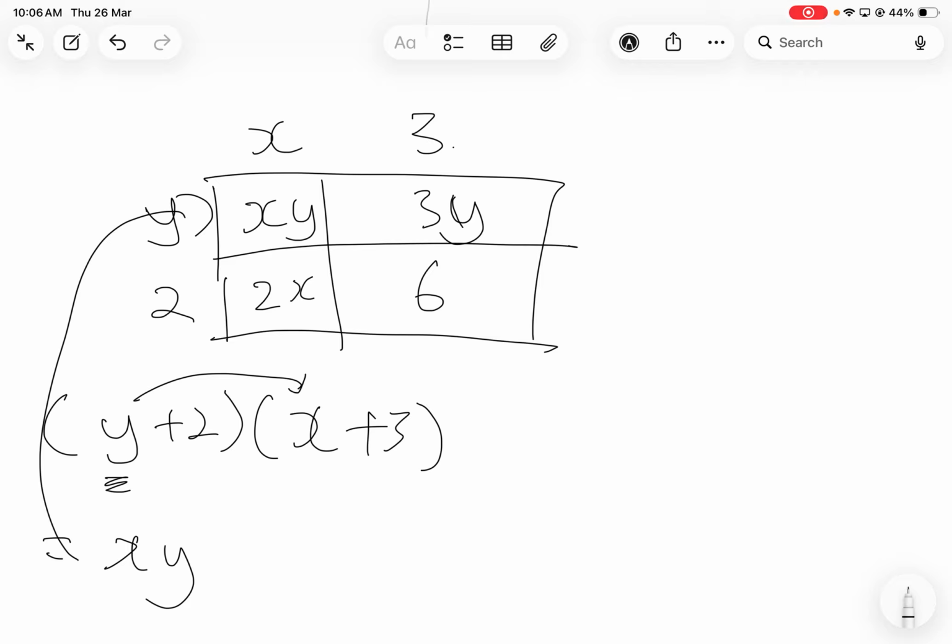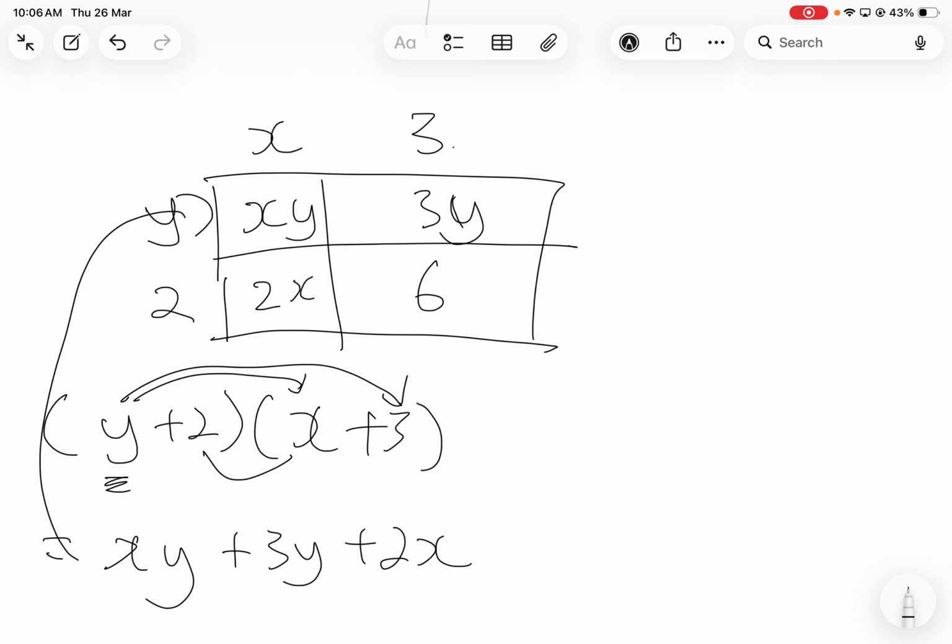Then I take the y, multiply this 3 here to get me 3y. This piece. So I am still adding all of them together to form my final multiplication. Then I have this 2x, which is made up of this 2 multiply this x.